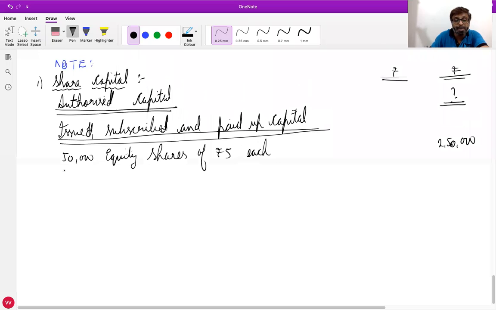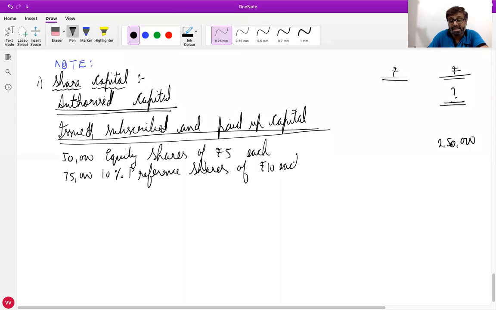No. So 75,000, 10% preference shares of rupees 10 each. Face value remains the same, but comma, rupees 6 paid up. Paid up value is decreased. 75,000 into 6, 4,50,000, total 7 lakhs. Is share capital clear to everyone?